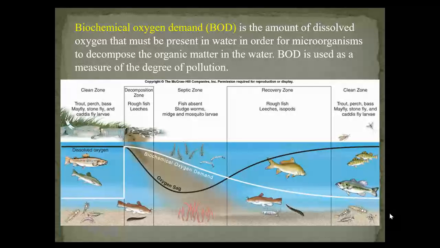You can see that on the black line. And eventually it goes back up. Once the bacteria are done decomposing the organic material, the oxygen level can go back up in the water. It recovers a lot faster in a river than in a lake, because in rivers the water's constantly moving, running over rocks, and the organic material gets cleared out.